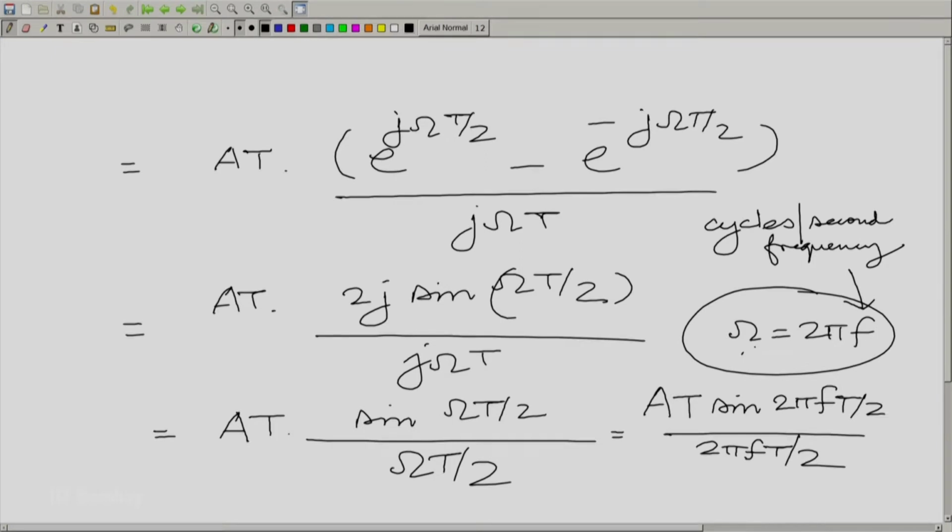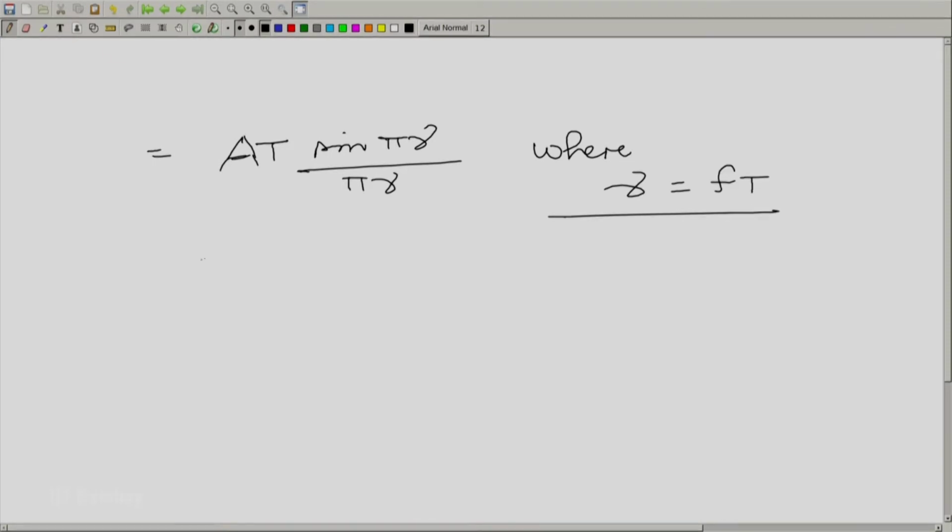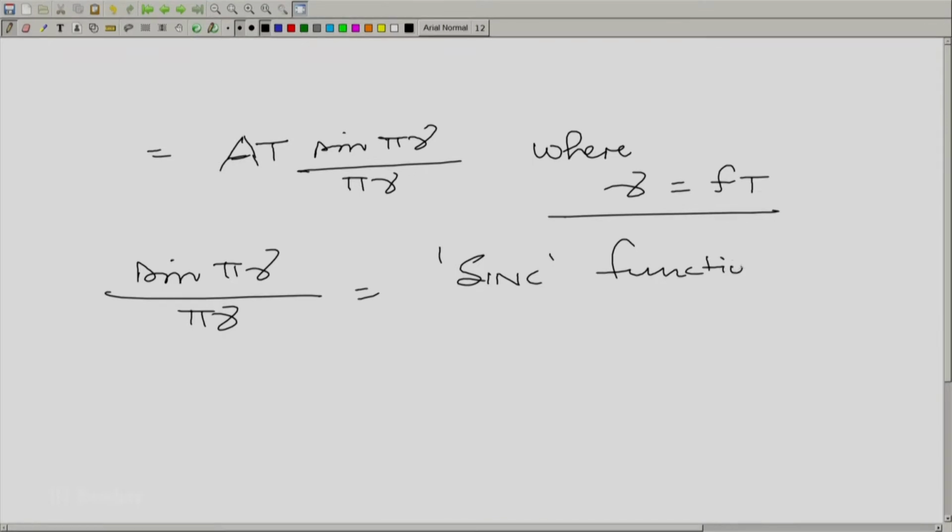So, the expression that we have here is a T sine pi gamma divided by pi gamma, where gamma is f T. Now, this function sine pi gamma by pi gamma is called the sinc function.